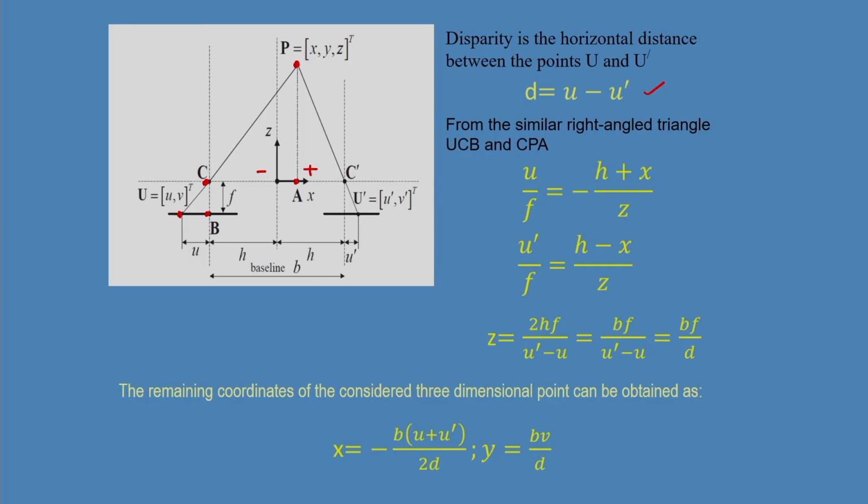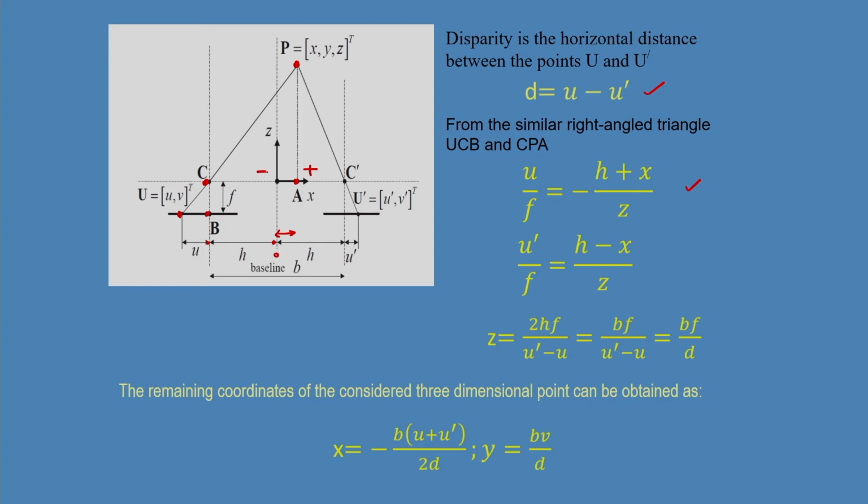from similar right angle triangles I can write: u by f is equal to minus (h plus x) divided by z. Why is it so? From this point to this point the distance is h, and from this, what is the distance? This is x. You can see this distance is x because, suppose the axis 0 is here, but in this case I am considering the negative direction.